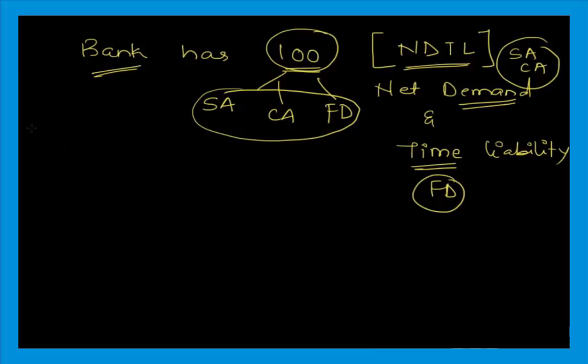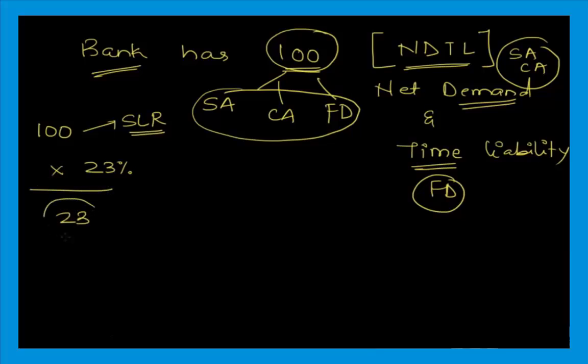Out of this 100 rupees, the bank has to keep some money separate under the statutory liquidity ratio. Currently the statutory liquidity ratio is 23%, which means out of the 100 rupees, the bank has to keep 23 rupees under SLR, one of the policies that the RBI follows. This 23 rupees has to be in SLR.